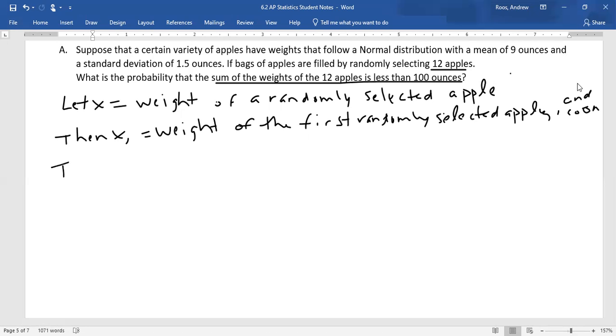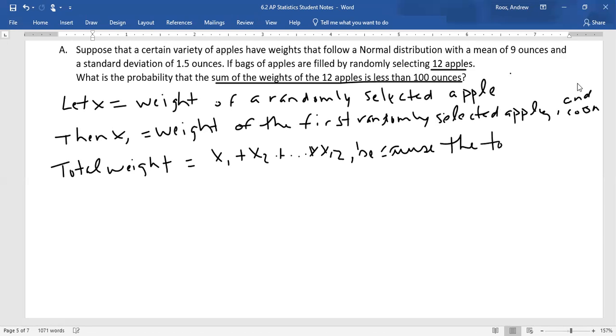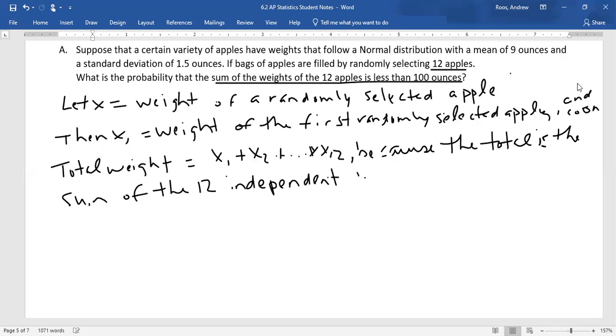Okay, so we want the total weight, which would equal x1 plus x2 plus ... plus x12, because the total is the sum of the 12 independent normal random variables.